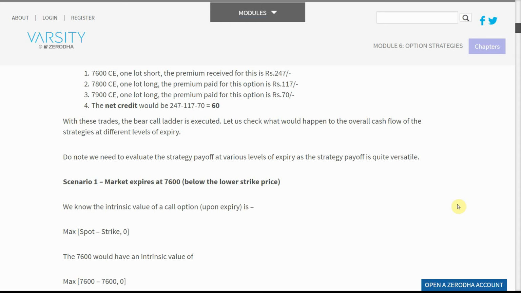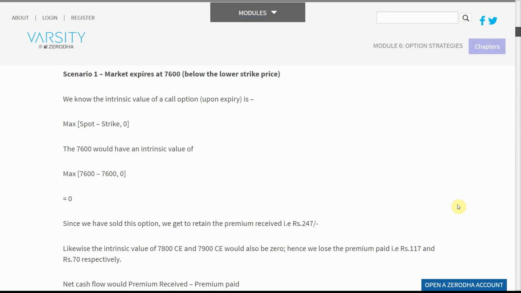Let us check what would happen to the overall cash flow of the strategy at different levels of expiry. Do note we need to evaluate the strategy payoff at various levels of expiry as the strategy payoff is quite versatile. Scenario 1: market expires at 7,600 or below the lower strike price.